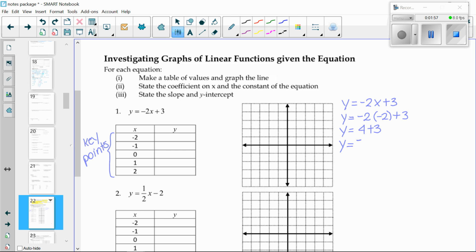Y, therefore, is equal to 7. And you're going to do exactly that all the way through your table of values. So take a moment and do that. I'm going to wait for you.